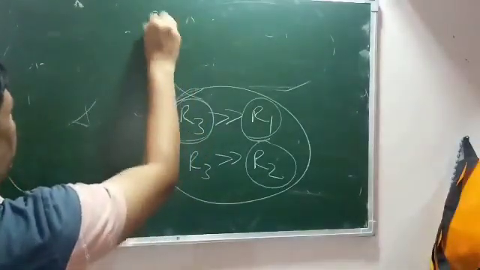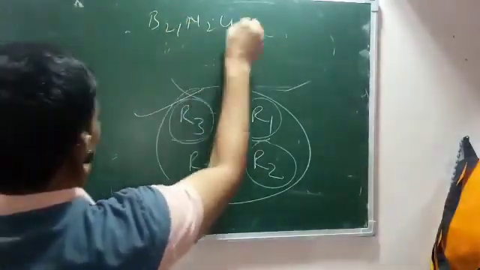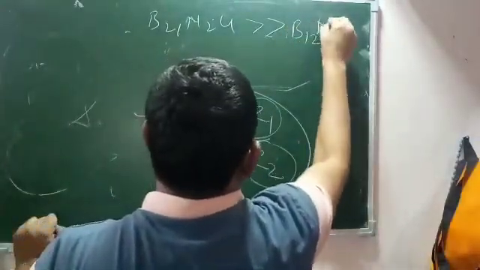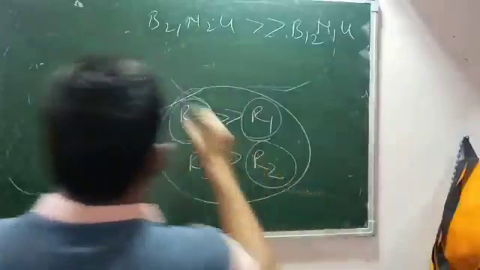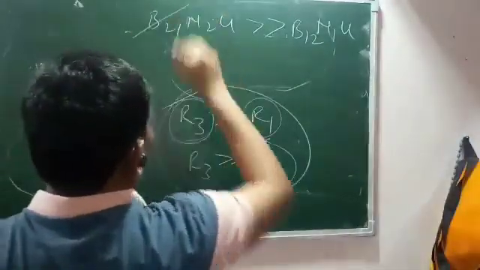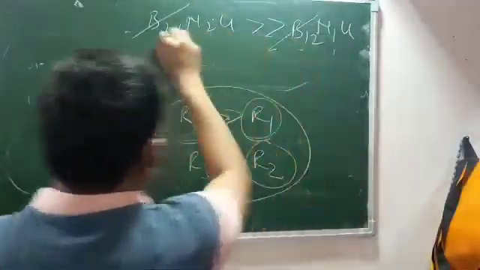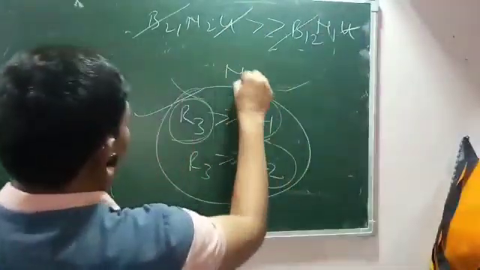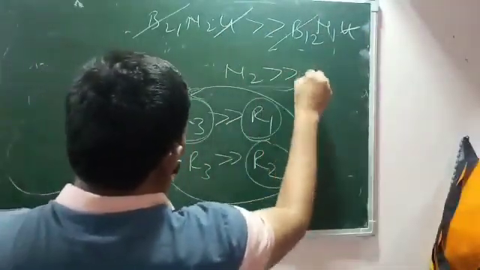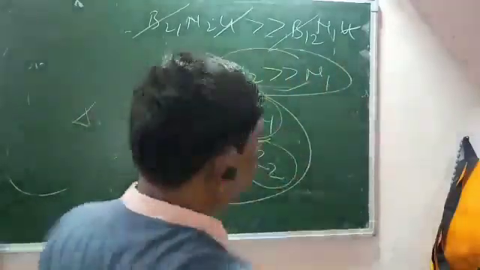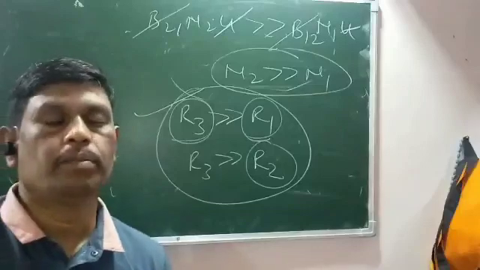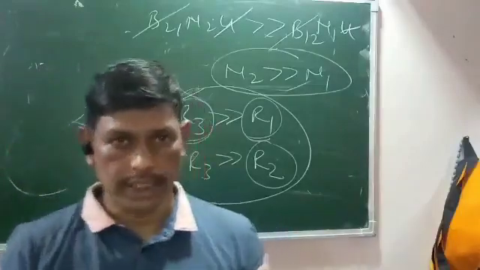R3 is B21 N2 U, which is greater than R1, B12 N1 U. Here we cancel B21 by B12 because they are equal, and U cancels out. So N2 is greater than N1. The number of particles in the excited state is greater than the number of particles in the ground state.